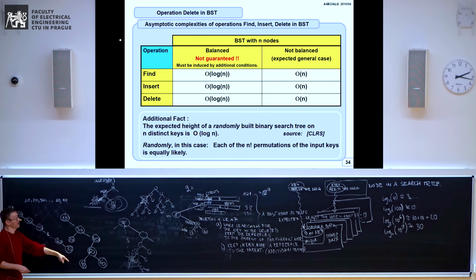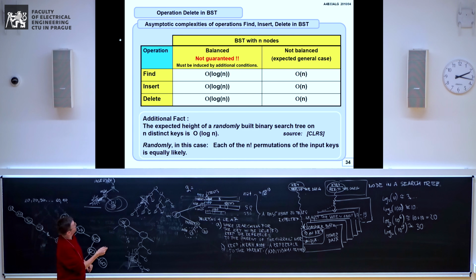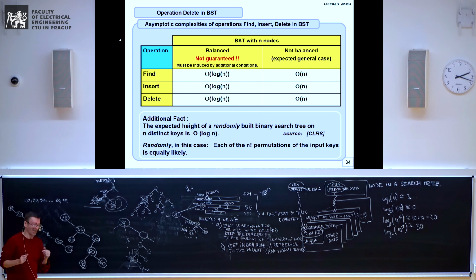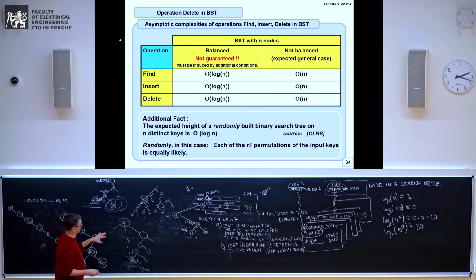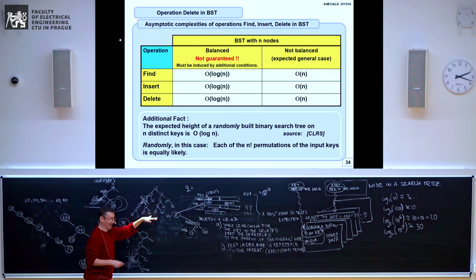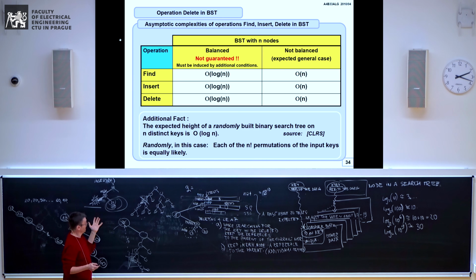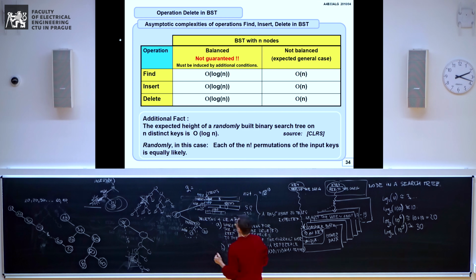If you choose your keys completely randomly and insert them into the tree in a completely random order, then you arrive at a tree which is nearly balanced, which is nice, but then again, no one knows what happens in subsequent insert and delete operations, how it becomes unbalanced.